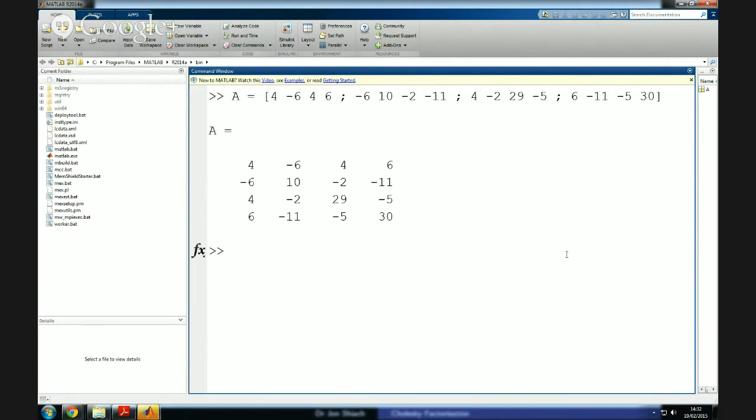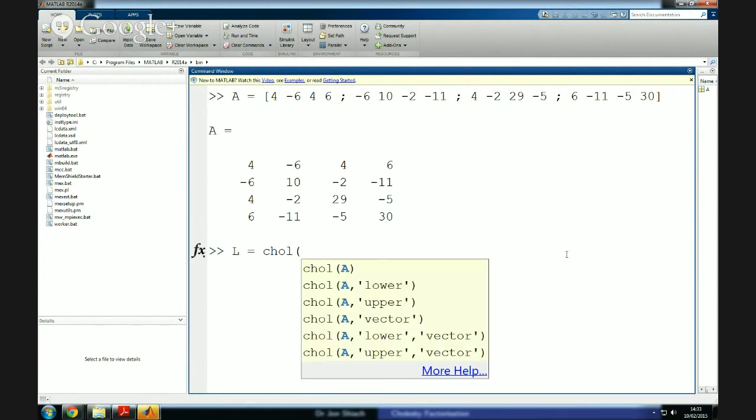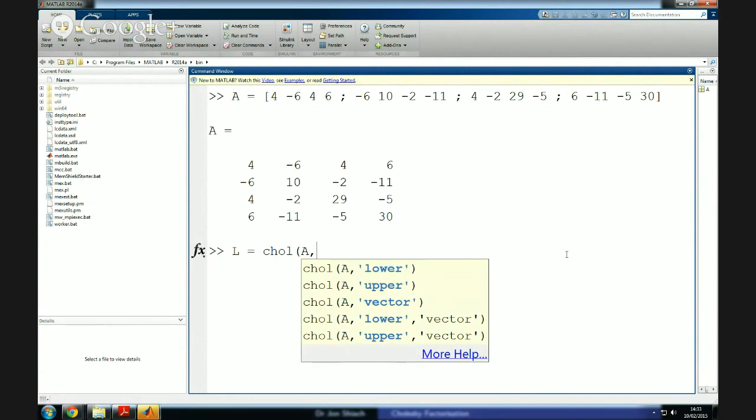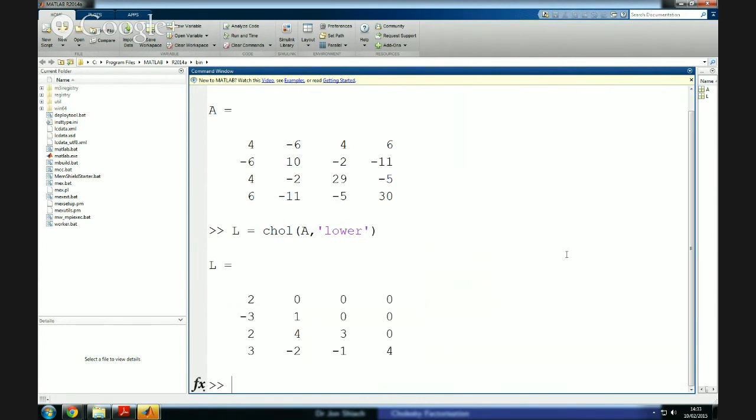So MATLAB's got a nice little function called Chol, with Cholesky. Unfortunately, for some reason, MATLAB defaults to doing it in an upper triangular way, which is weird because we're calculating lower triangular elements. So if we go lower as an option, okay, and that should hopefully be what we've got.